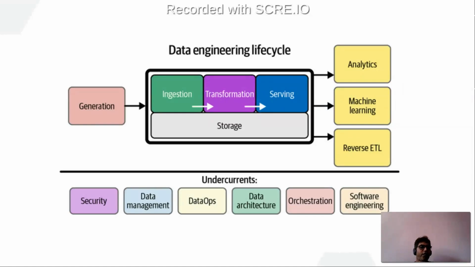And also programming, the main part, writing the code for the project to take place. So all these are the undercurrents because they are the ones who will make this data engineering life cycle work. They are required for all these steps of ingestion, transformation and serving to happen in a proper way.